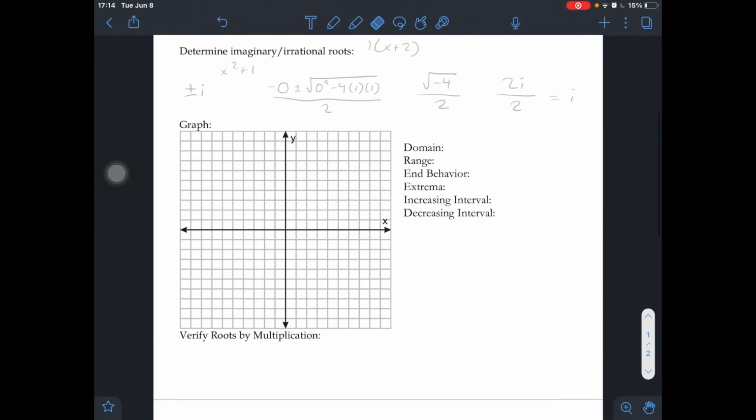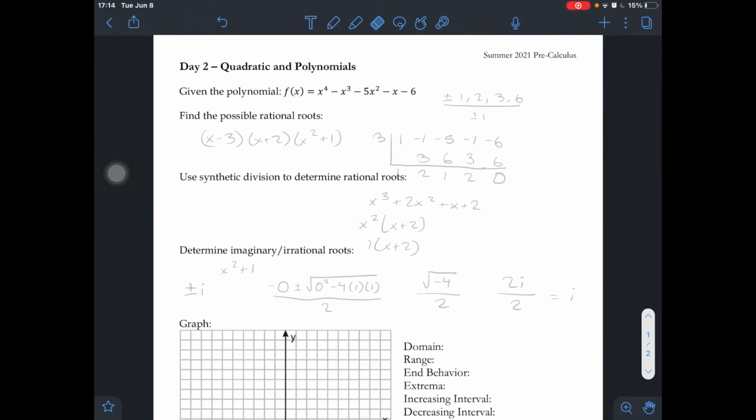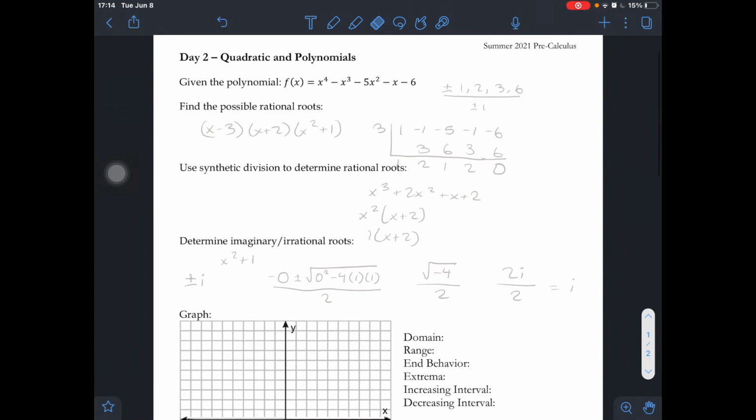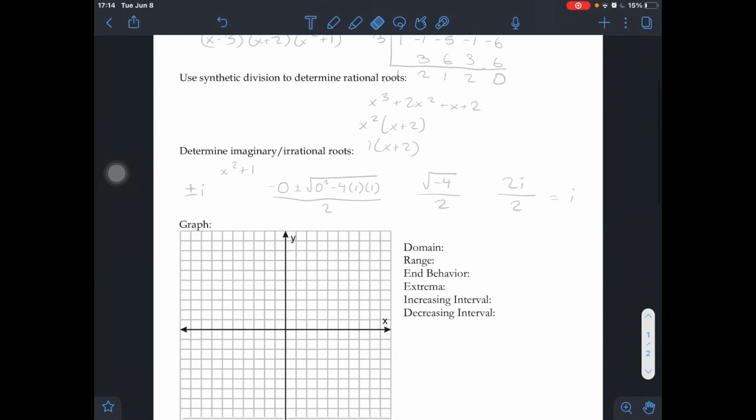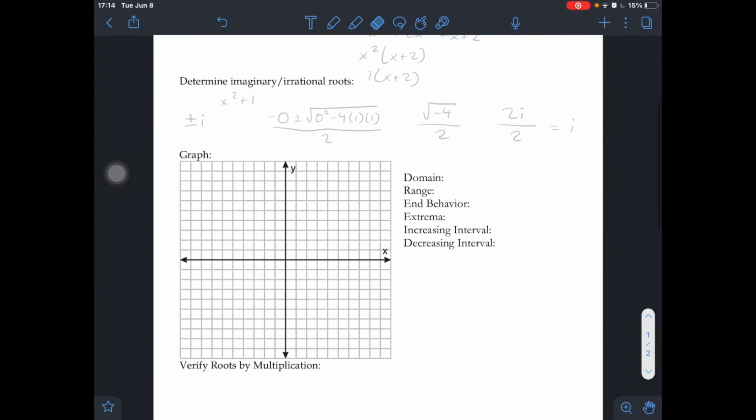Since this is a polynomial that doesn't really have extrema that are rational numbers, and they appear to be irrational numbers with no terminating digits, I decided to graph it on my calculator.